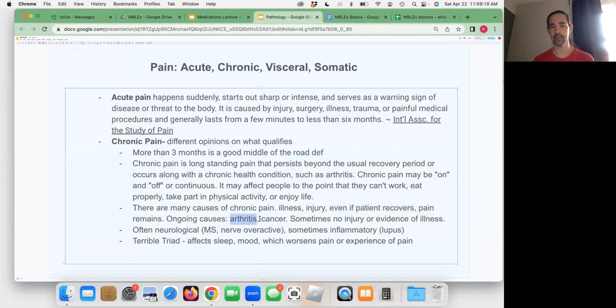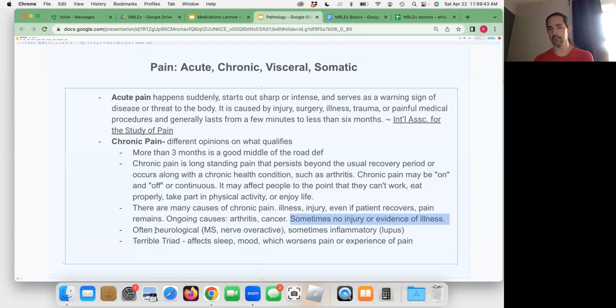Even if rheumatoid arthritis is managed well by medication to prevent flare-ups, they will still have joint pain. Cancer causes a lot of pain. Sometimes no injury or evidence of illness is present. People just have pain and it's undiagnosed.